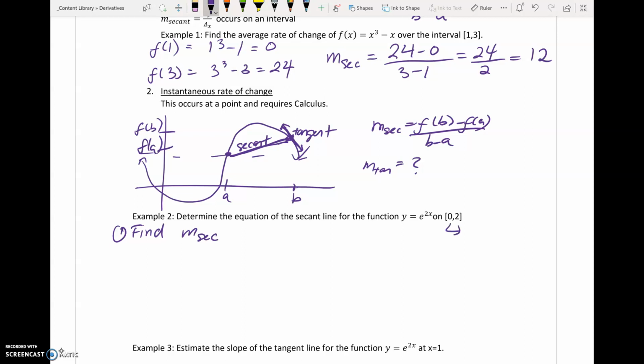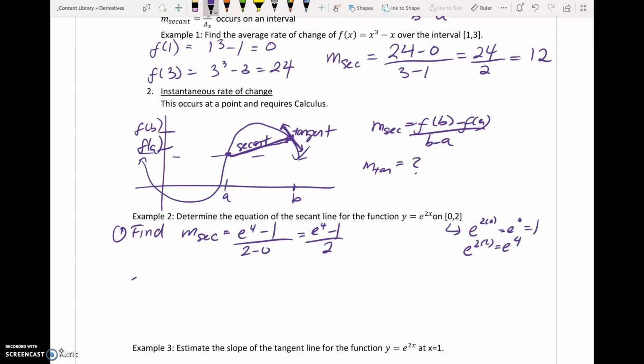So that means for 0, I'm going to have e to the 2 times 0, which is e to the 0, and that's 1. And then I have e to the 2 times 2, which is e to the 4. So for my m secant, we're going to have e to the 4 minus 1 over 2 minus 0, which is e to the 4 minus 1 over 2. We're just going to leave it like this because we don't have a calculator.